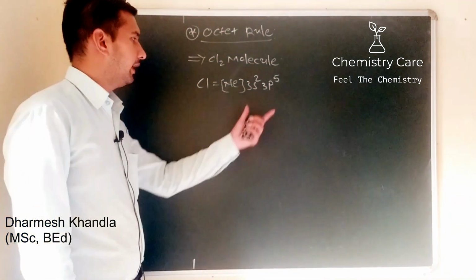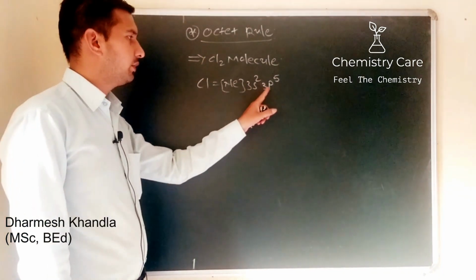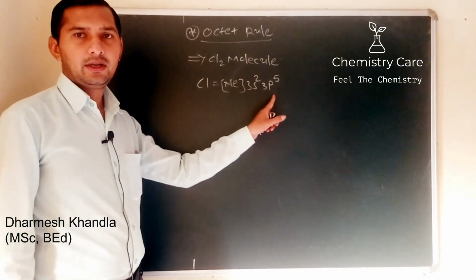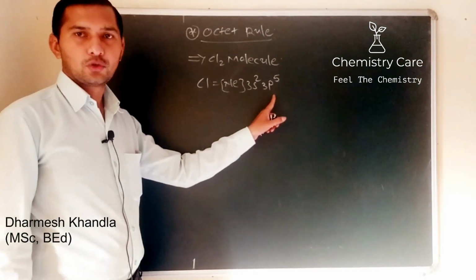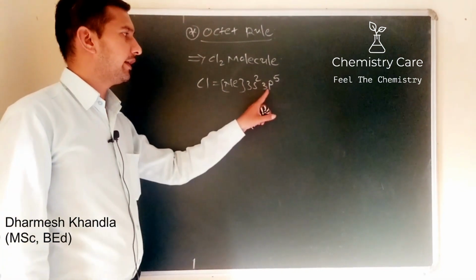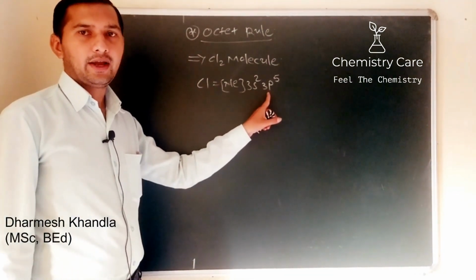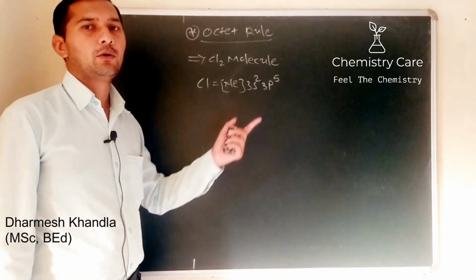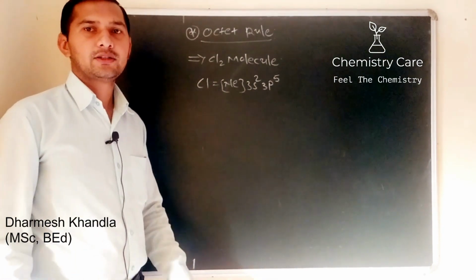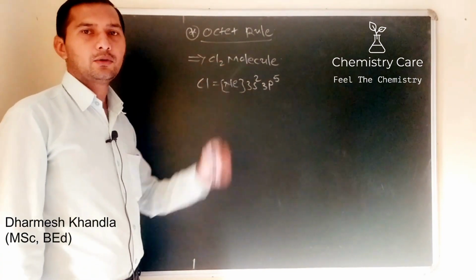Here, the outermost shell contains only 7 valence electrons, 3s2 and 3p5, 1 electron short of 8. So chlorine attaches with another atom and shares 1 valence electron, or gains 1 more electron, and acquires 8 valence electrons in its outermost shell and forms a stable molecule. This is the octet rule that we can understand in the Cl2 molecule.